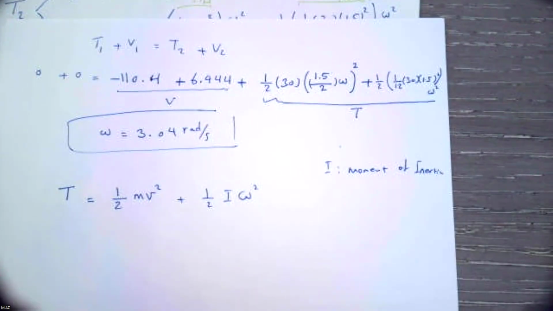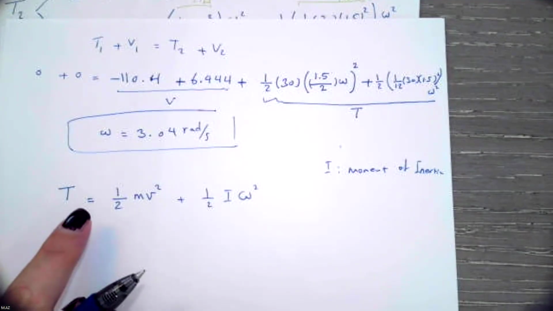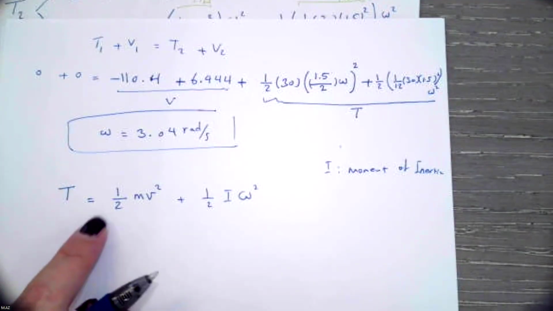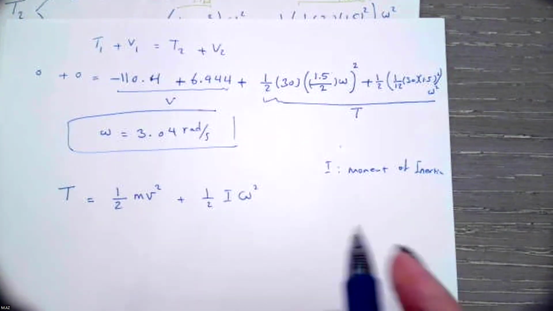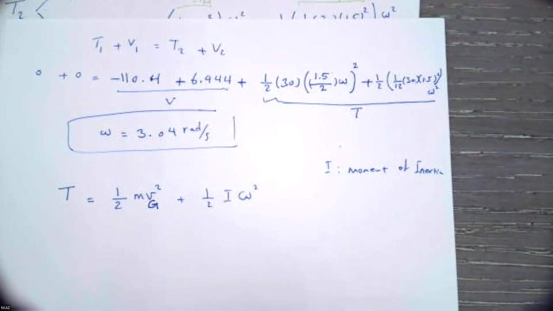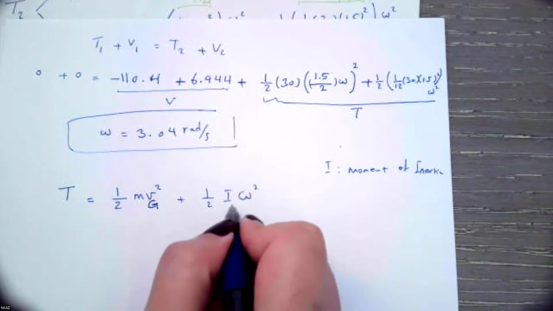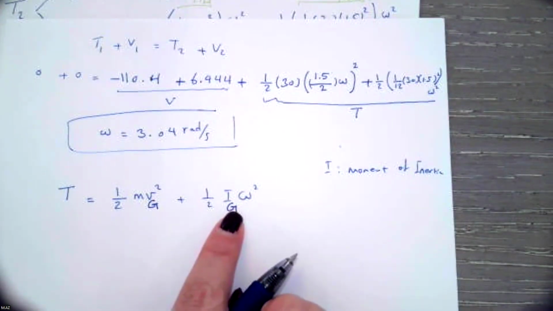For this reason, it's very important to know at which points we are applying the conservation of energy or principle of work and energy. For example, if we are writing the kinetic energy at the center of gravity or the center of mass of the object, we have to mention this is the velocity at the center of mass of the object, and this is the moment of inertia for the center of mass of the object.